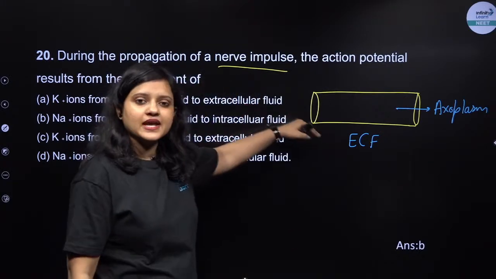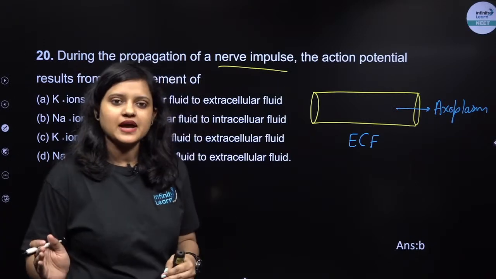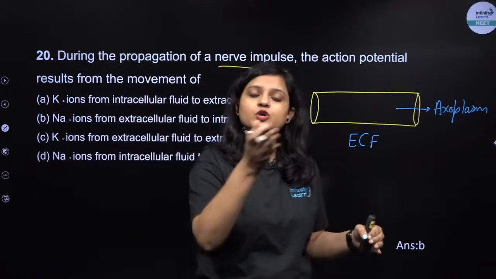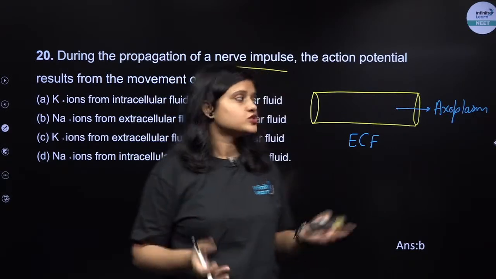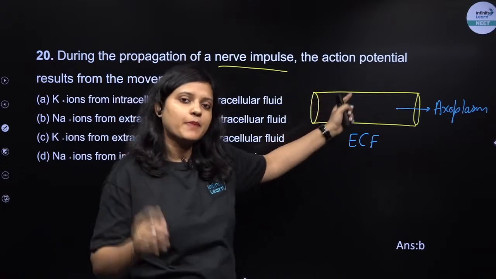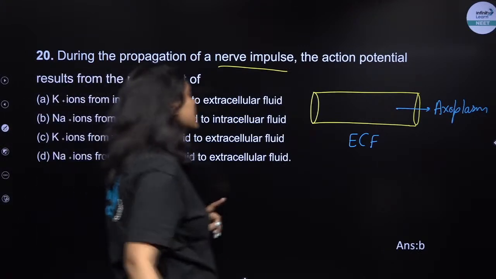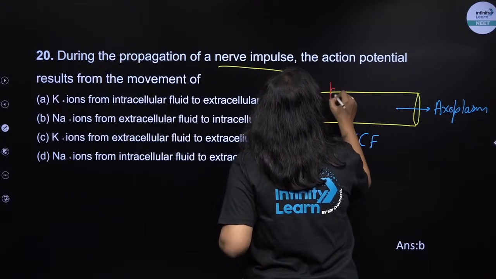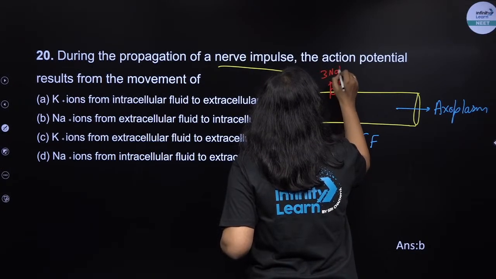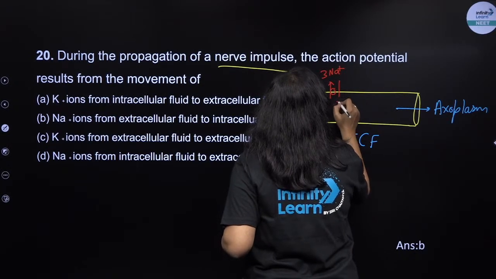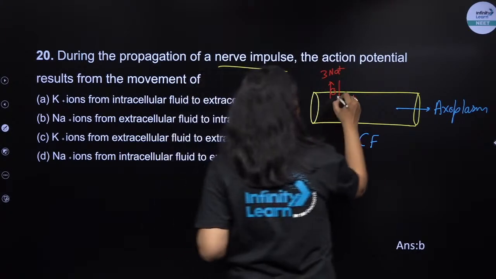Now this membrane during resting stage is relatively permeable to potassium ions and impermeable to sodium ions. And also in this membrane, the sodium potassium pump is running. So because of this sodium potassium pump, 3 sodium ions are pushed outwards and 2 potassium ions will be pushed inside.